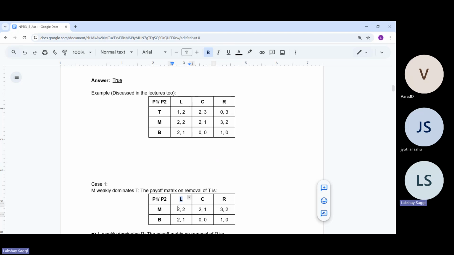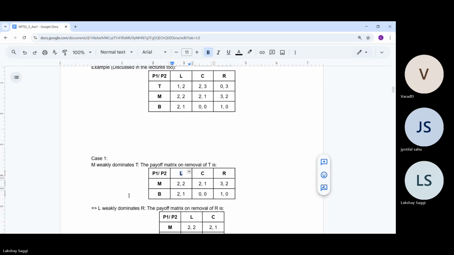Okay, so here what we said was the strategy L is weakly dominating strategy R. And why is this the case? This is the case because in this matrix, let's just look at the strategies L and R. So if the row player has played M, then on playing L, we are talking about the column player, so we'll be looking at the second entries of the tuples, right?